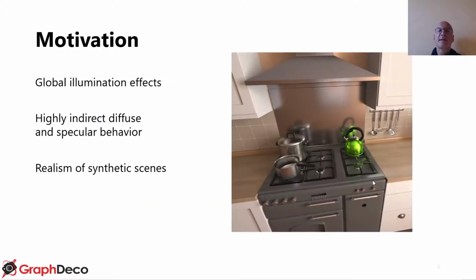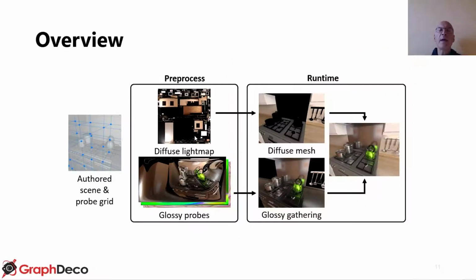The first project involves global illumination effects, and most notably very complex paths, which we can see here, with highly indirect, diffuse, and specular behavior. The way we address this problem is to store pre-computed glossy probes in a grid and then reproject them during runtime.